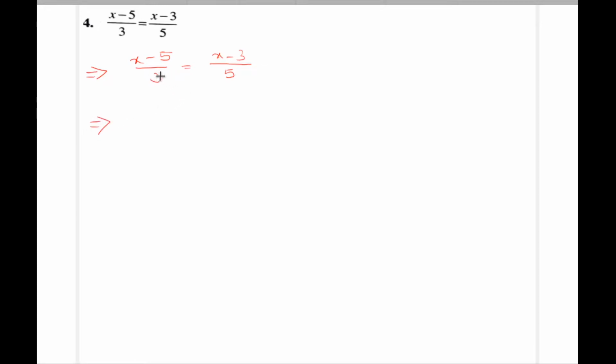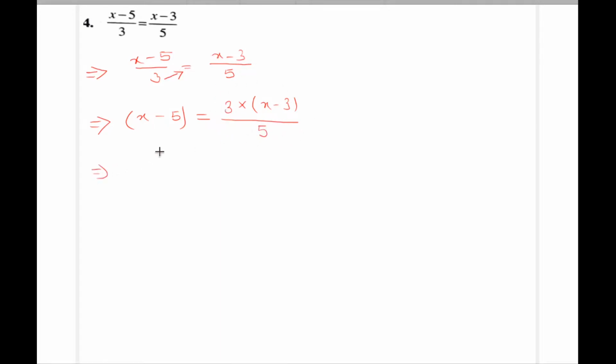Now suppose we want to bring this 3 to the other side, it will become x minus 5 equals, as it is in the denominator, so it will become 3 multiplied by x minus 3. It will go to the numerator directly on the other side, by 5. Hope you have understood this.